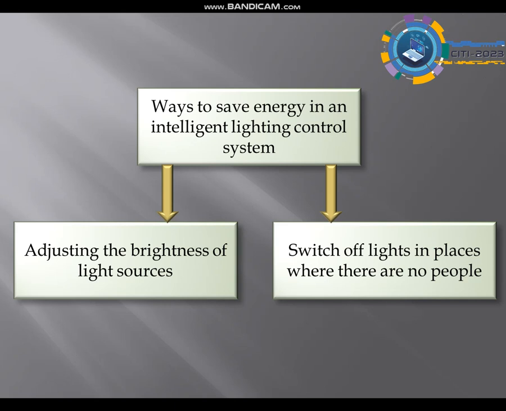In this case, the transient processes that occur when they are switched on and the reaction of people to switching on the lighting should be taken into account. If the switching on process parameters are correctly selected, people will feel comfortable and the light sources will last longer.